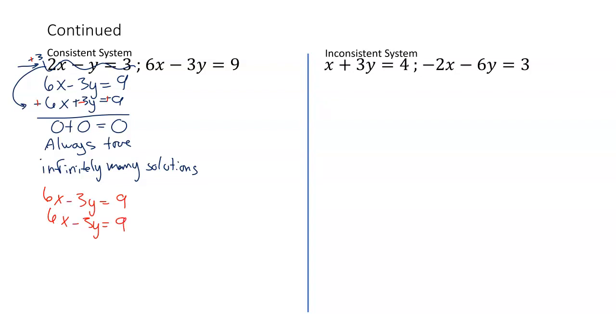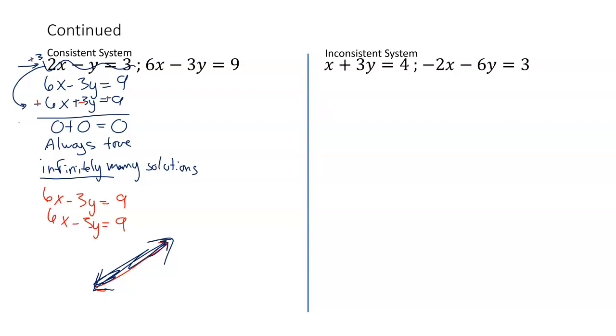They're the same. So here's my first line, and then here's my second line, supposed to be right on top of each other. They're the same line. So they are intersecting at every single possible point on that line, which is why we have infinitely many solutions.